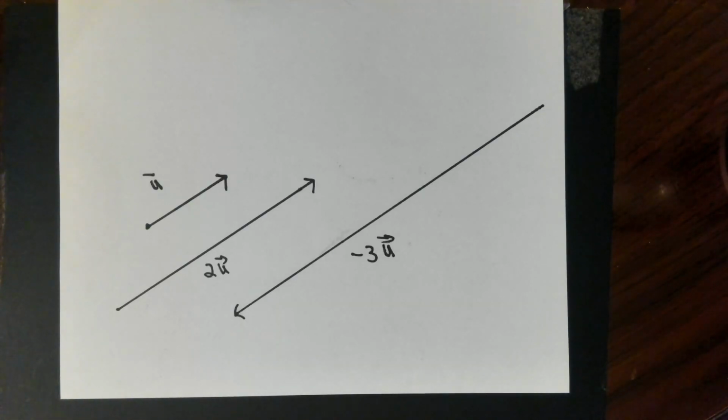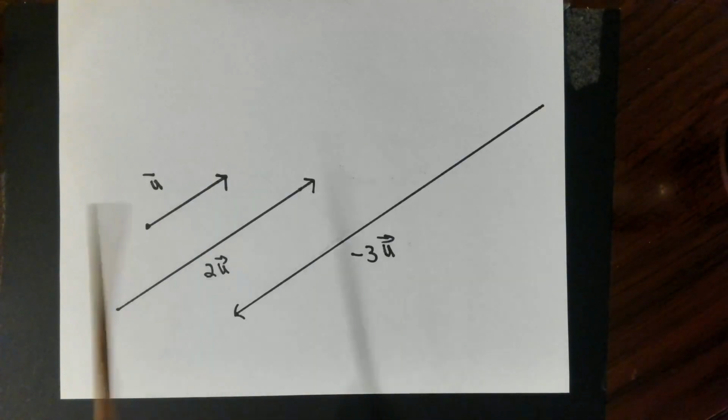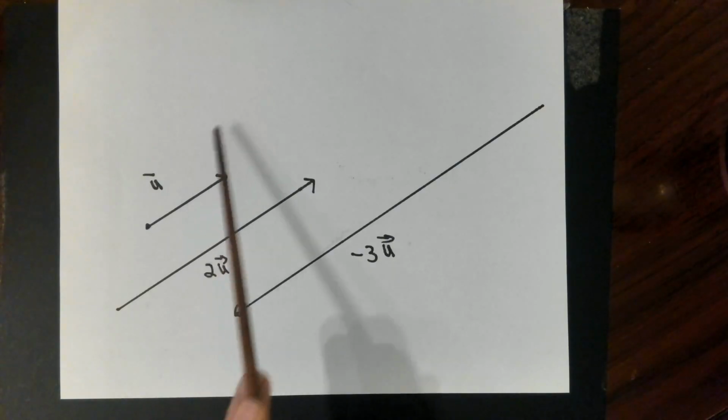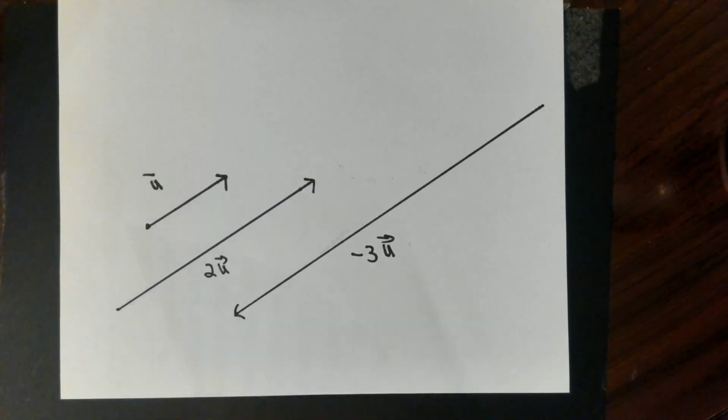If the number I multiply by is negative, it's the same sort of thing, except the direction has been reversed 180 degrees. So if this is u, negative u will be pointing in that direction. For example, negative 3u is a vector that's 3 times as long as u is, but points in the diametrically opposite direction.